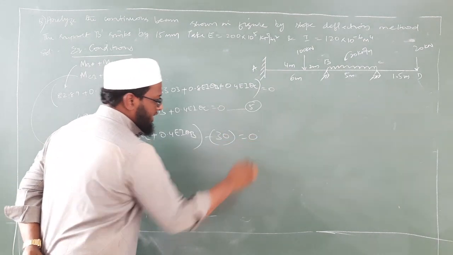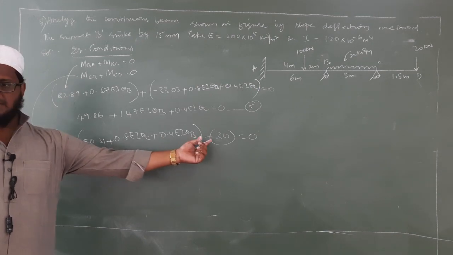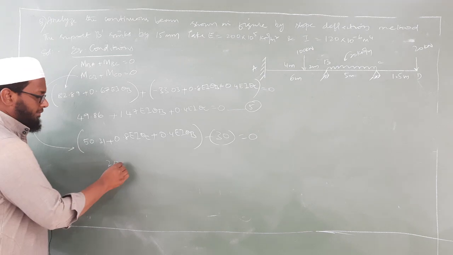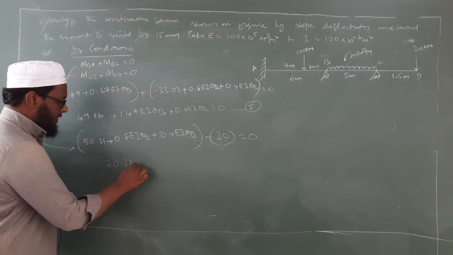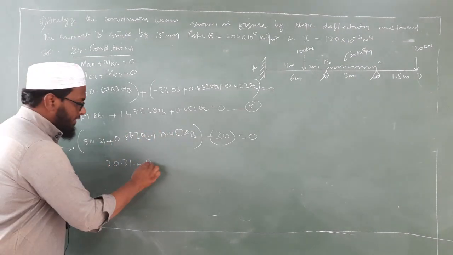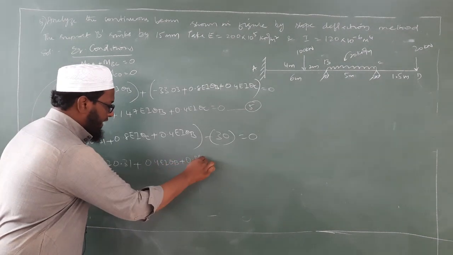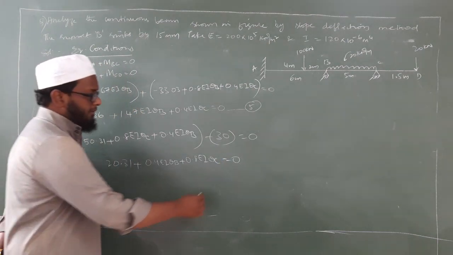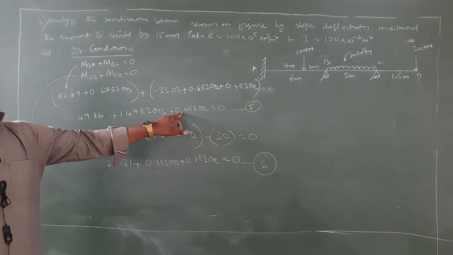This is MCD equation, equal to 0. Now 50.31 minus 30 is how much? 20.31. Yes. Plus, I'll write here EI theta B first, 0.4 EI theta B plus 0.8 EI theta C is equal to 0. Equation number 6.